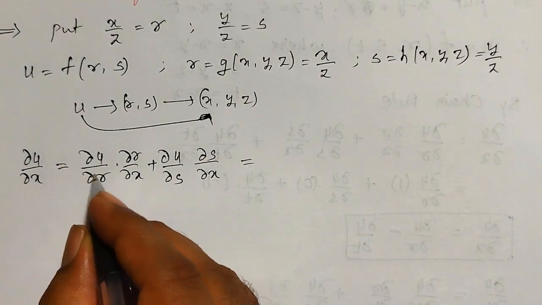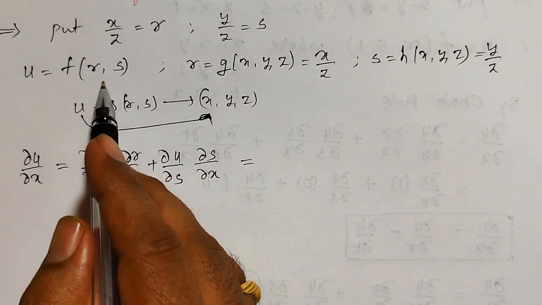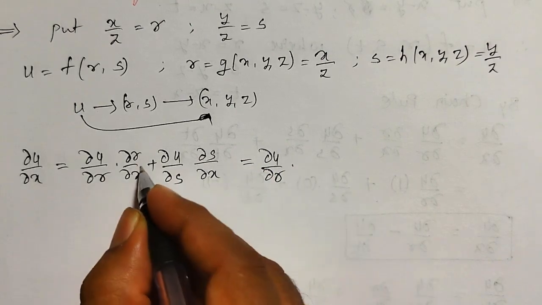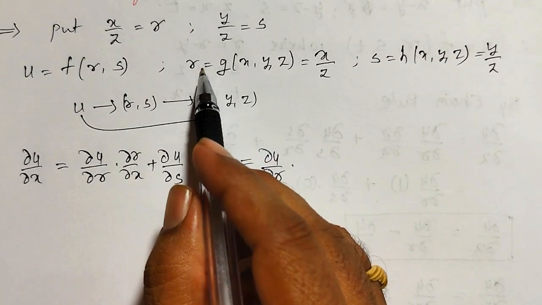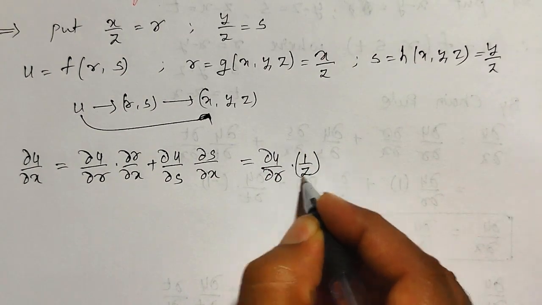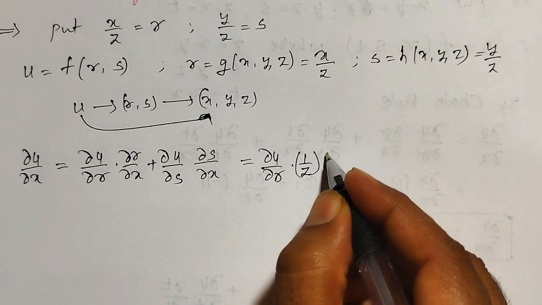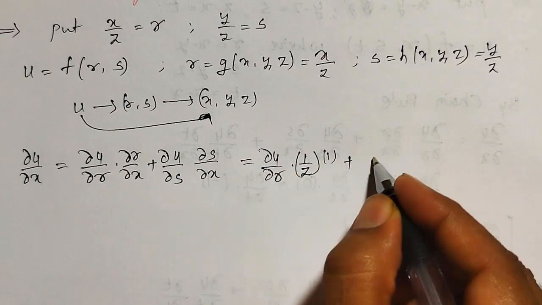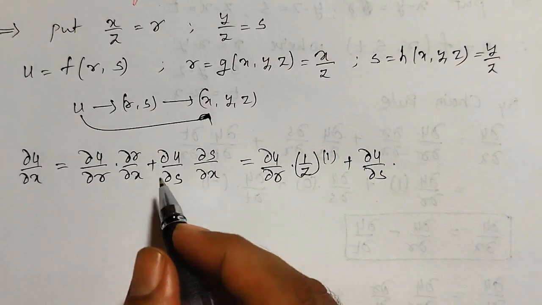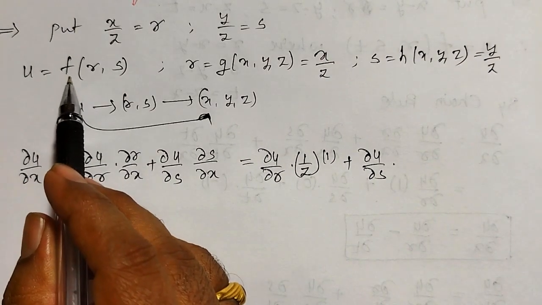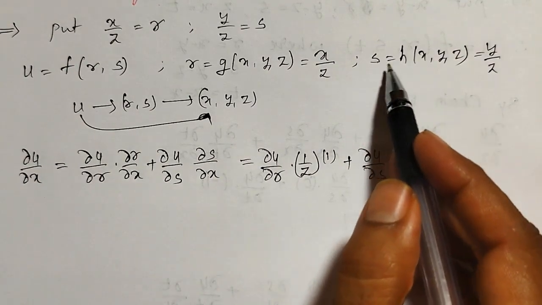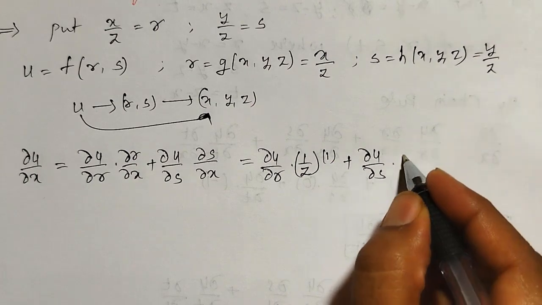Now let me find this. u is some function f, we don't know that, therefore dou u by dou r I will keep as it is, times dou r by dou x. r with respect to x, x by z. Here 1 by z is constant and the partial derivative of x is 1, plus dou u by dou s, which I keep as it is because u is some function we don't know, into dou s by dou x. s with respect to x, no x term is there, therefore it is 0.